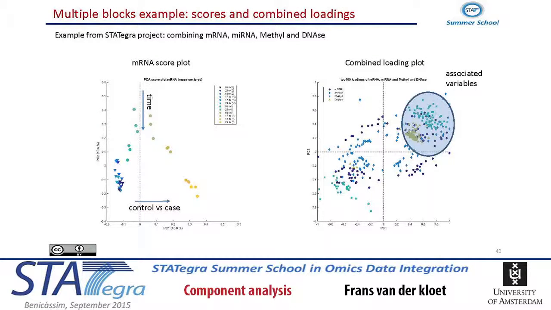And in here, actually, this is from the STATegra project. I used a couple of datasets, and I made the scores of the mRNA. I plotted that one here, and in here I've combined microRNA, mRNA, methyl-seq, and DNAs together. And I hope that this would make some biological sense when looking at these underlying variables.